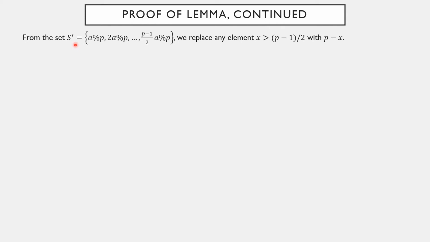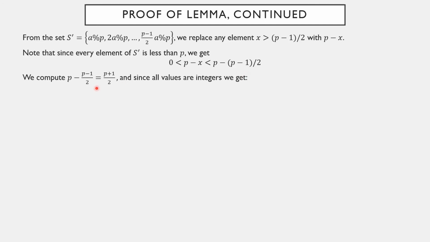So from the set S prime, which are all of these distinct remainders, any that were bigger than (p minus 1) over 2, I replace with p minus x. Now, since every element of this is a remainder and therefore smaller than p, p minus x is also positive. My remainder was less than p, so this remains positive. But since x was assumed to be bigger than (p minus 1) over 2, p minus x is less than p minus (p minus 1) over 2. That is just (p plus 1) over 2.